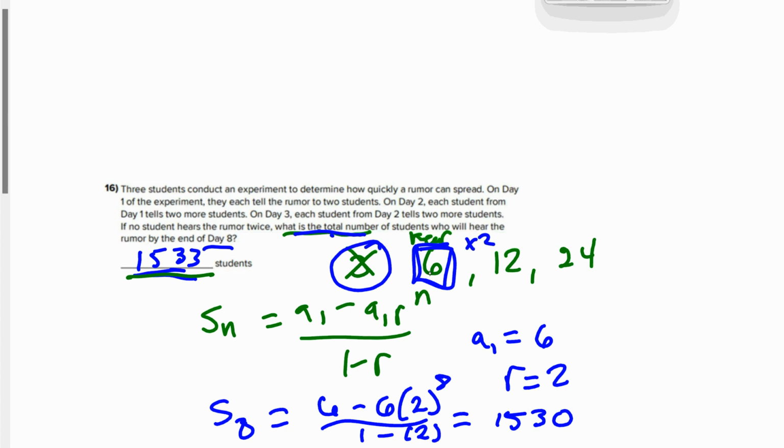But we used the people that hear it first as our a sub 1. Okay, so that was the difference between this 1530 as your answer and 1533. They added the people that started it. Okay, so you can always come and ask me about that if you have a question like this on the test. Where do you want to start, you know?